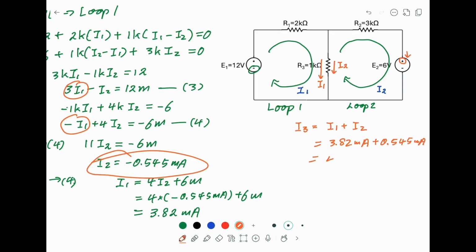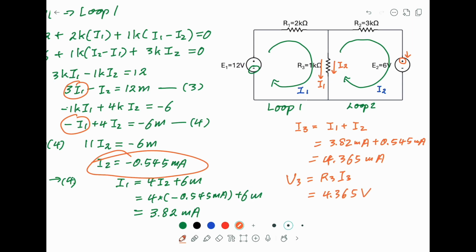You got 4.365 milliamp. And again, the voltage V3 across R3 will be R3 times I3, and you will get 4.365 volt.